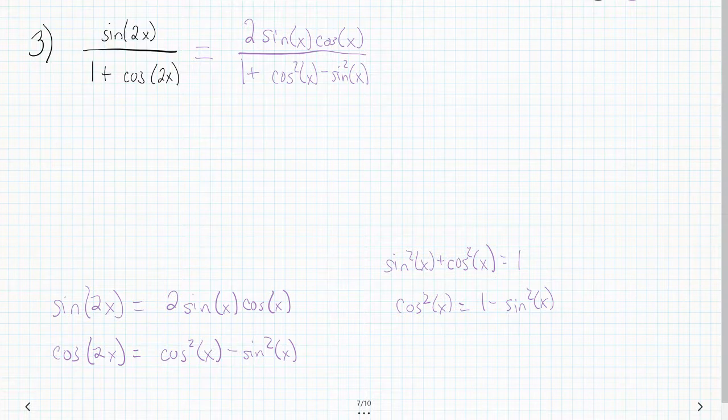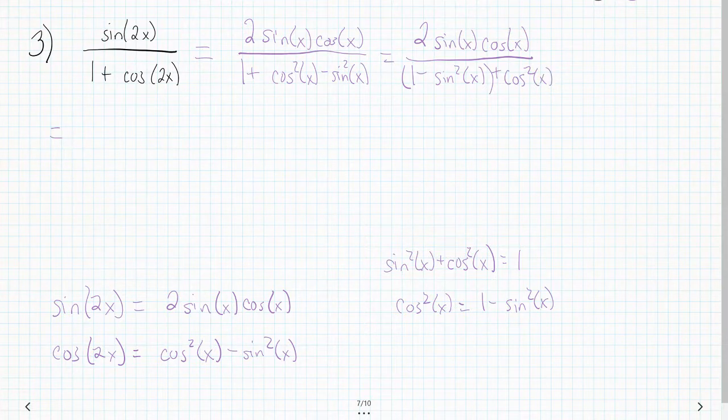So this whole thing equals 2 sine of x cosine x over, the fun part, 1 minus sine squared x plus a cosine squared x.